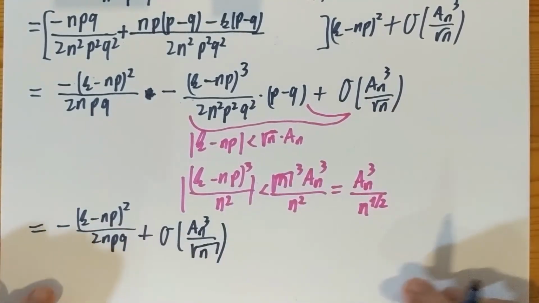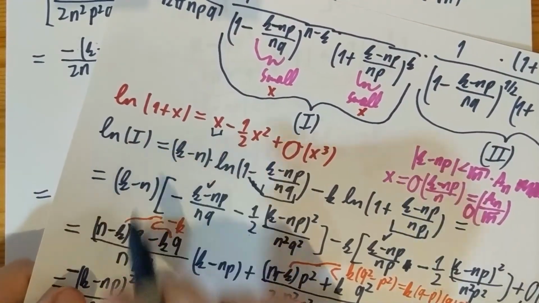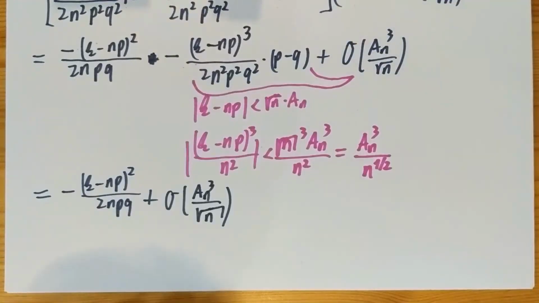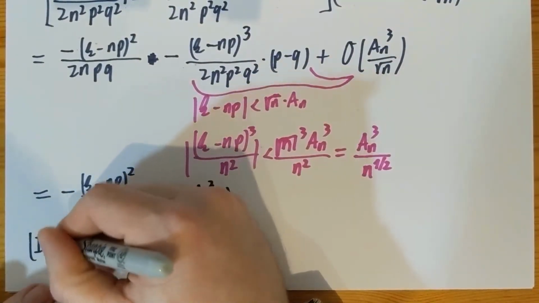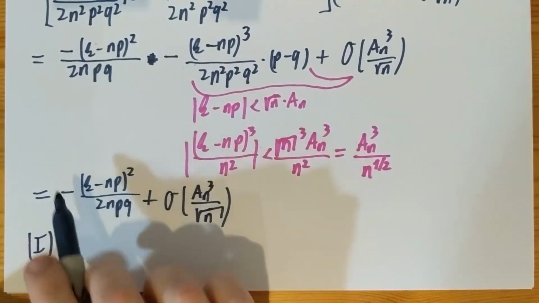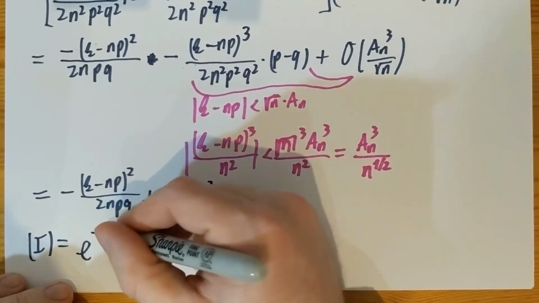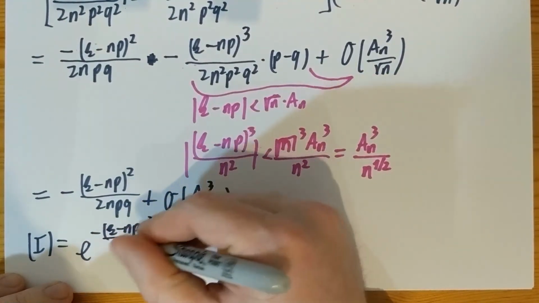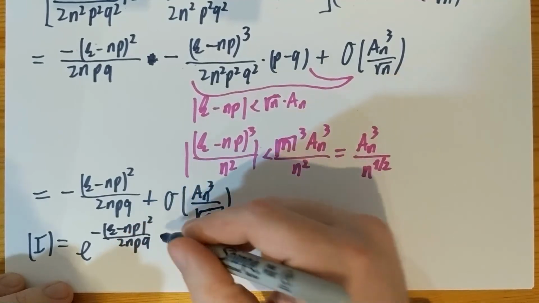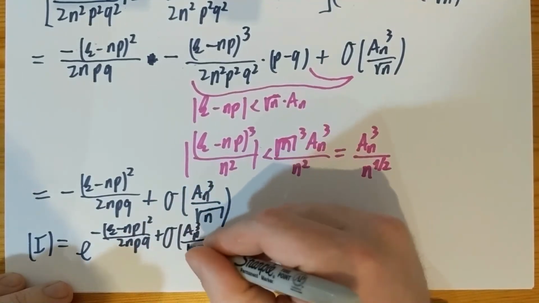And now if I take an exponential again to get rid of the log, so this was log of 1, if I now take an exponential of this, so 1 itself is going to be exponential of all of that, so e to the minus k minus np square over 2npq plus big O of an cube over root n.